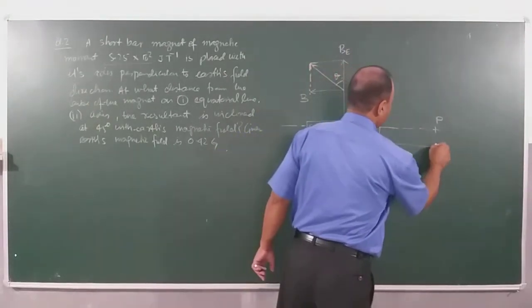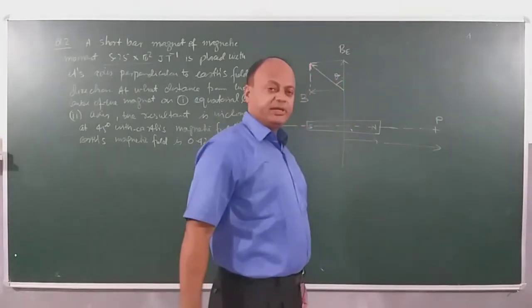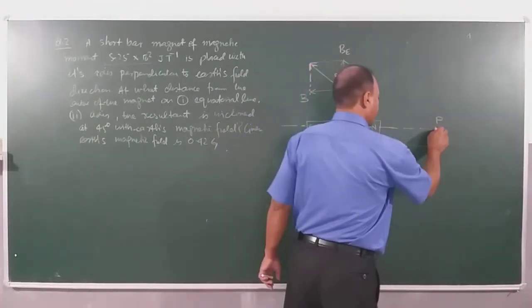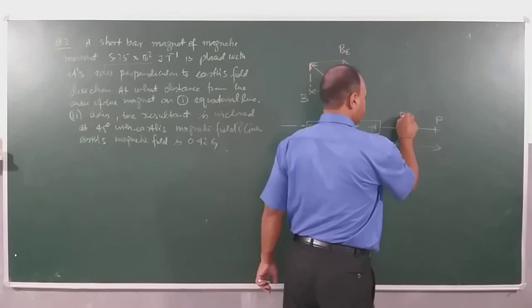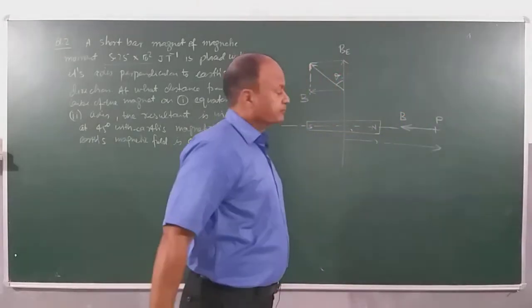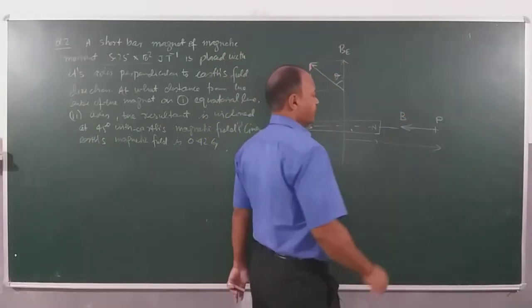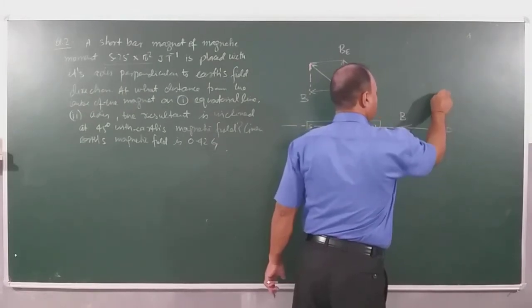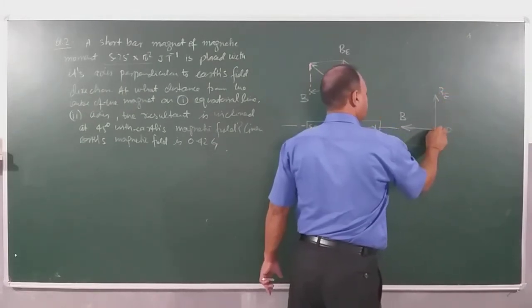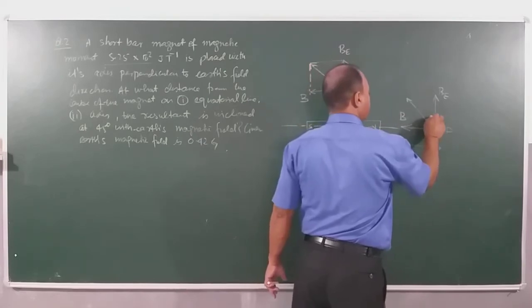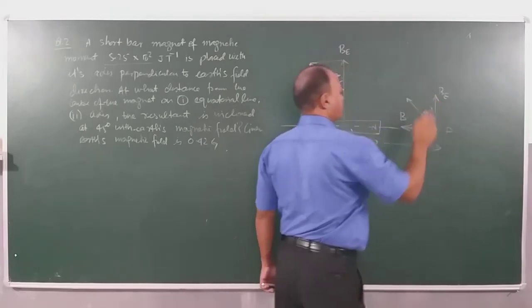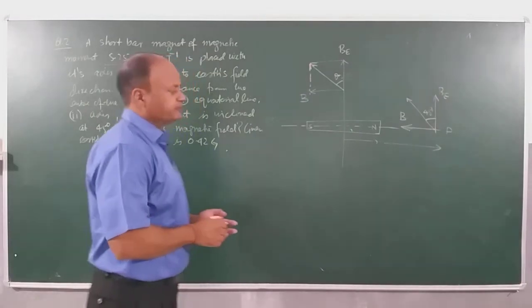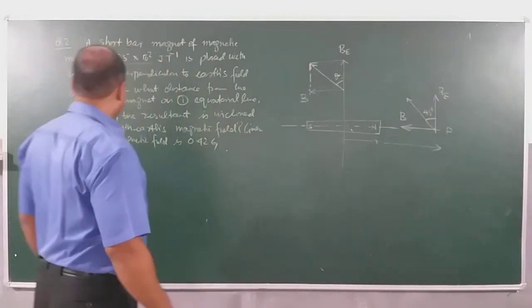At given point P, magnetic field due to the magnet will be like this, B, and then Earth's magnetic field as usual is directed upwards like this, B_H. And this angle is how much, children? Again theta is equal to 45 degree. Clear?